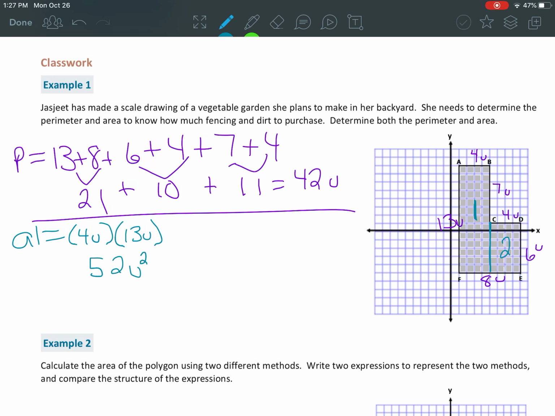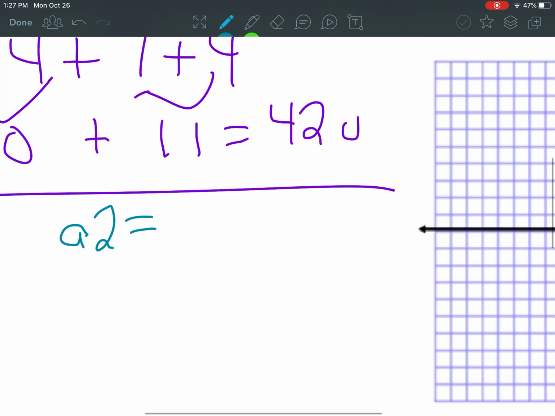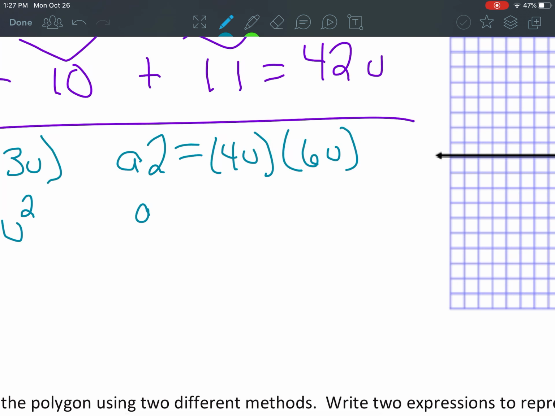So it'd be 52 units squared. The area of the second one, so that'd be 4 units times 6 units. Area of the second one equals 24 units squared.